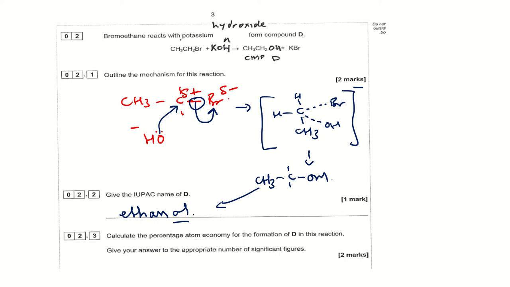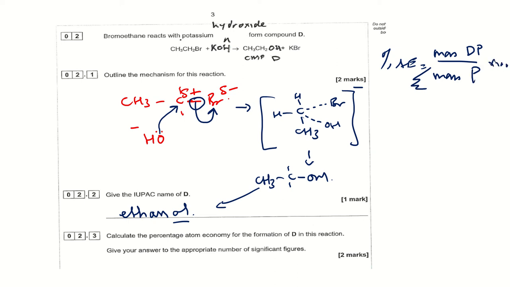Right, let's have a look at the next one where we're asked to calculate the percentage atom economy. Remember what a percentage atom economy is, guys. Percentage AE, or atom economy, is equal to the mass of the desired product divided by the total mass of all products, times 100.